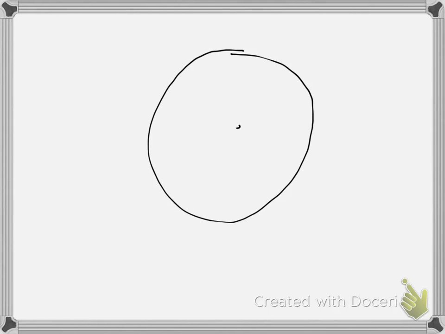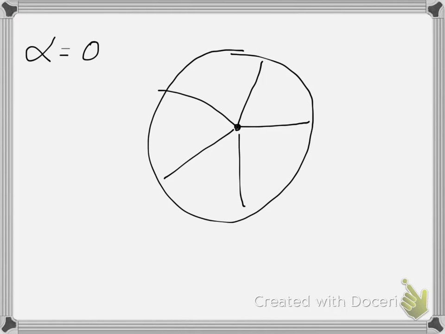Okay, so now let's look at another example. Let's suppose this time we have a merry-go-round with some kids on it, and it's being accelerated at a rate of 0.005 revolutions per second squared.